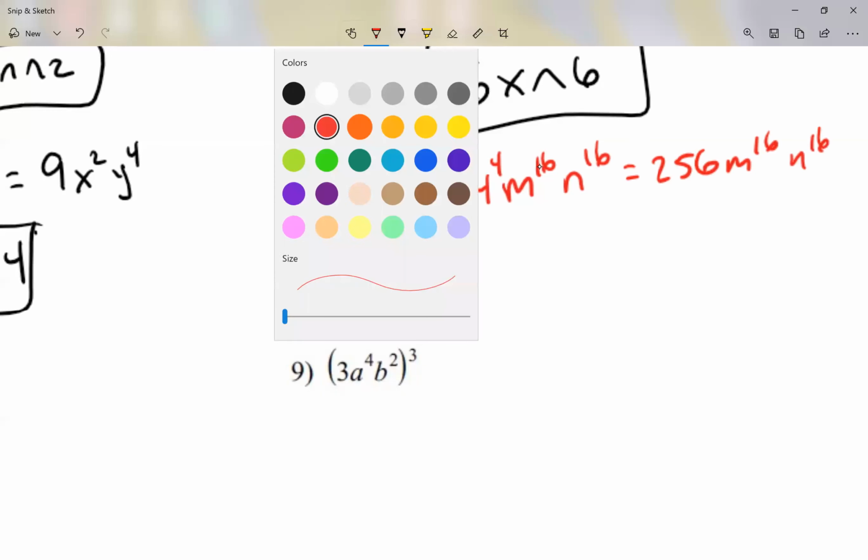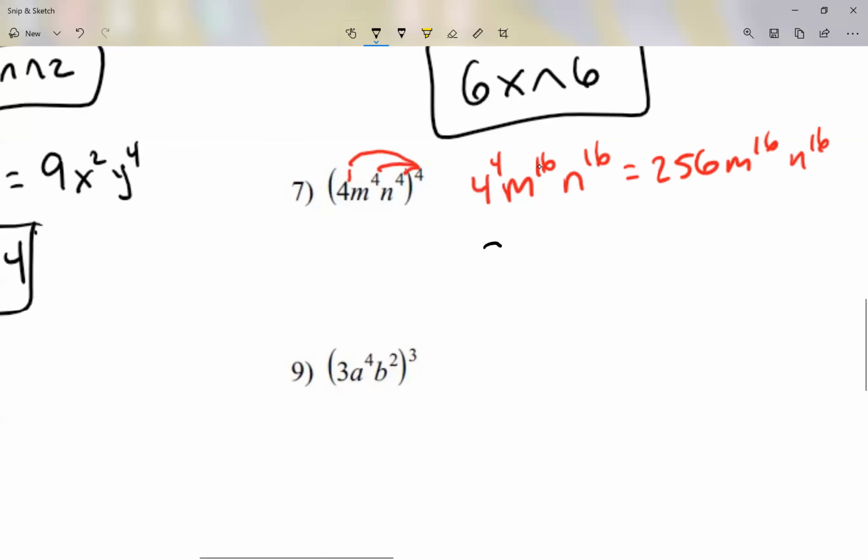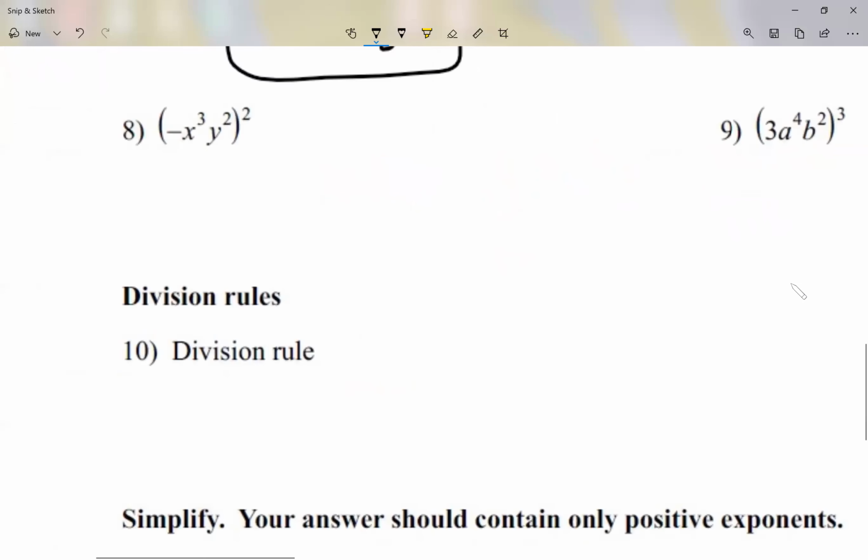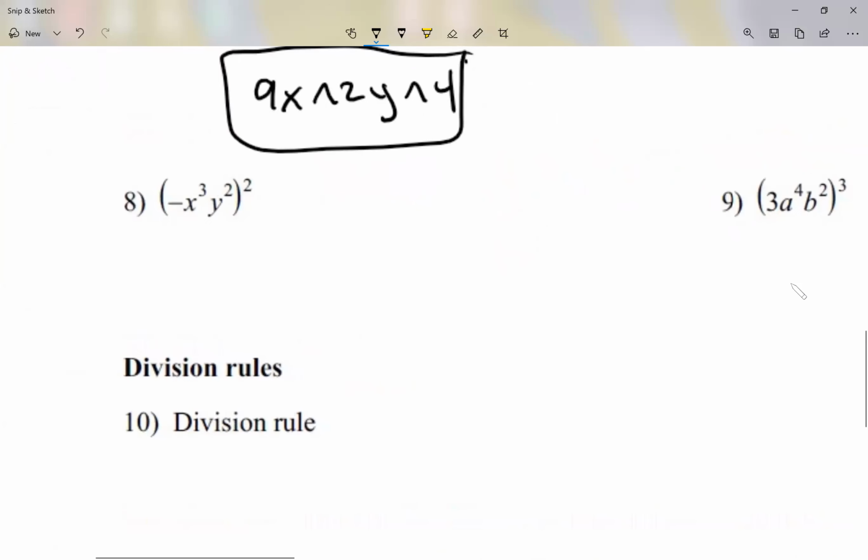Now, the way I'm going to type this, 256 m to the 16th, n to the 16th. For exponents, we're going to use that caret. We call it caret.